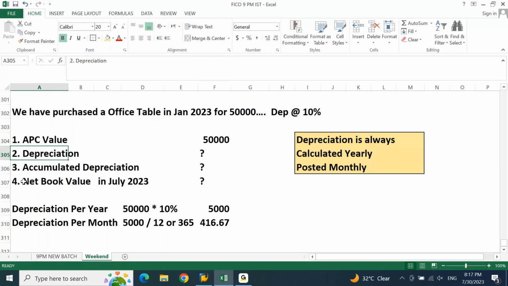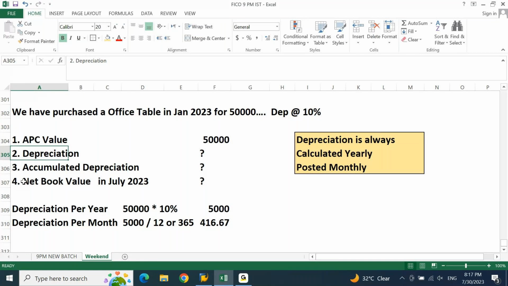Okay, sir, got it. So there is something called capitalization of your asset. Sometimes what will happen, I will purchase the asset in July month, but I may not be using it now, I will be using it from October month. Possible or not? Yes, sir, definitely. I'll purchase it now, but I'll not use it immediately.